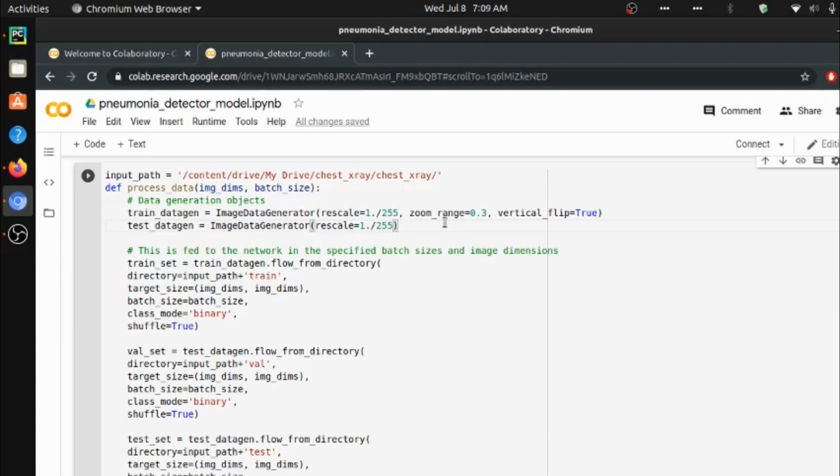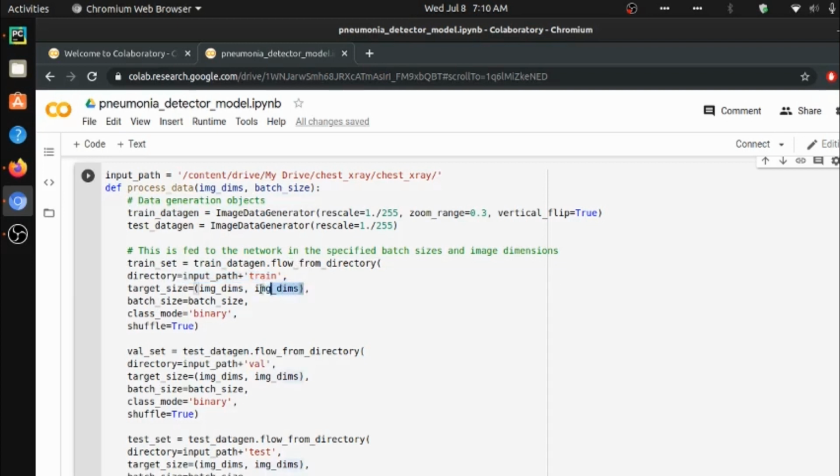Okay, so train_set is basically the images that we are getting while applying this train_data_gen on the directory, that is the train directory. The train directory contains all the images from the training data set.